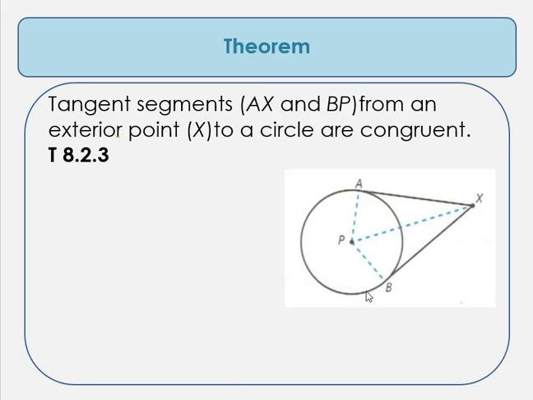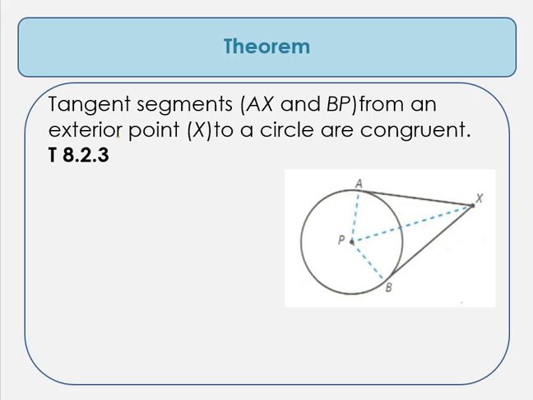Next theorem: tangent segments AX and BX from an exterior point X to a circle are congruent. Now this is very important to the things that you're going to be doing from now on. If we draw these lines using the line postulate, we have two radii, AP and BP, that we drew.